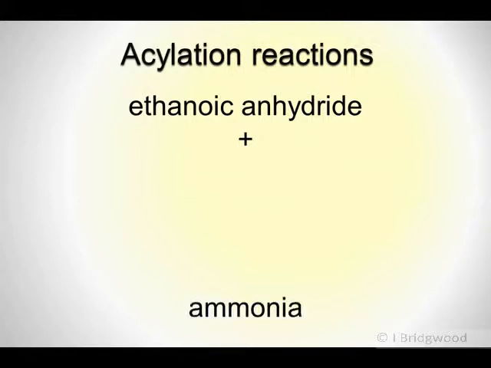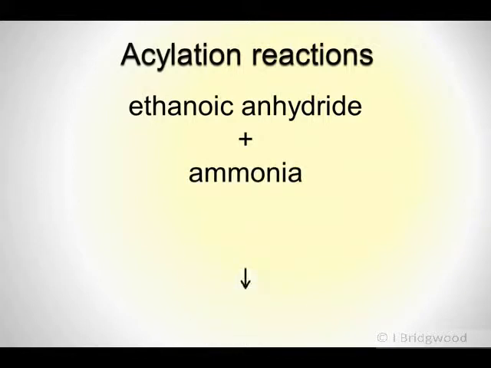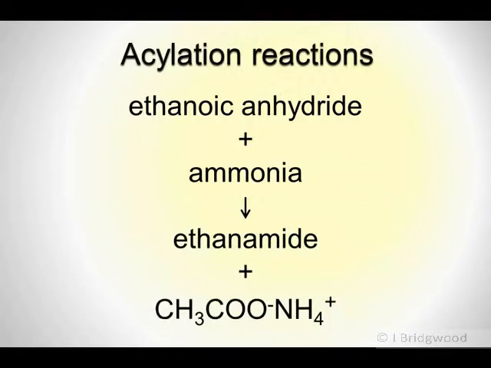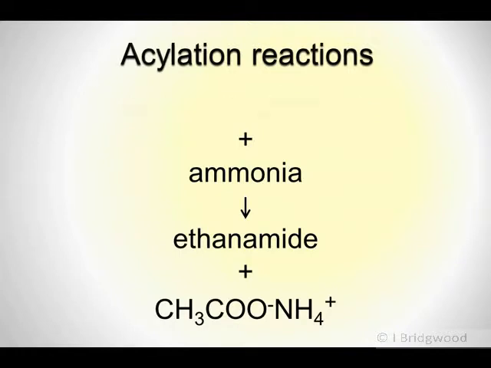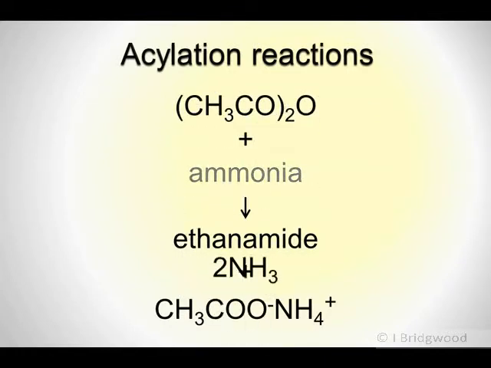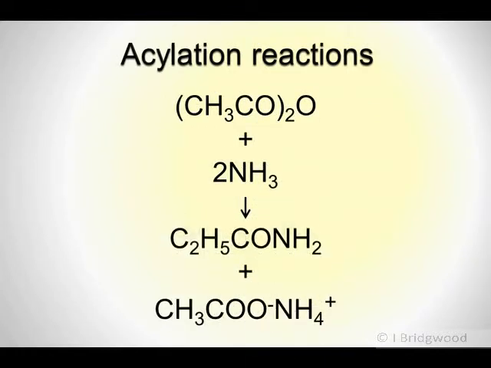Reaction with ammonia, again we're going to produce an amide, and the salt of the carboxylic acid, the ammonium salt of the carboxylic acid. 2 moles of ammonia once again reacting to give the amide and the salt of the carboxylic acid.